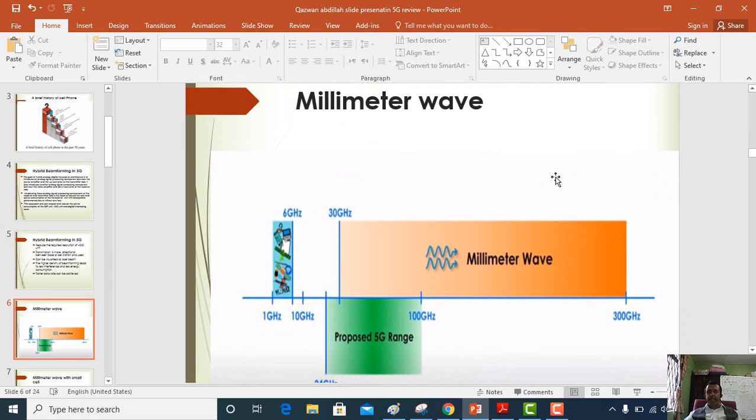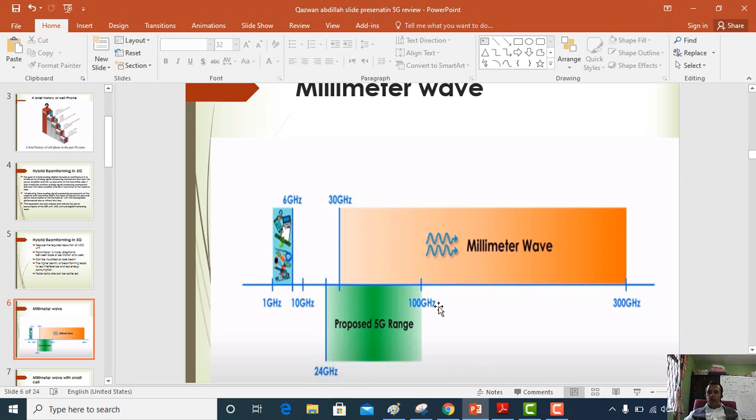Here in this graph, we can see the millimeter wave, which spans from 30 gigahertz to 300 gigahertz. The band proposed for 5G ranges from 24 to 100 gigahertz. And we see here the very crowded area from 1 gigahertz to 6 gigahertz, where we have GPS, WiMAX, and all the devices.